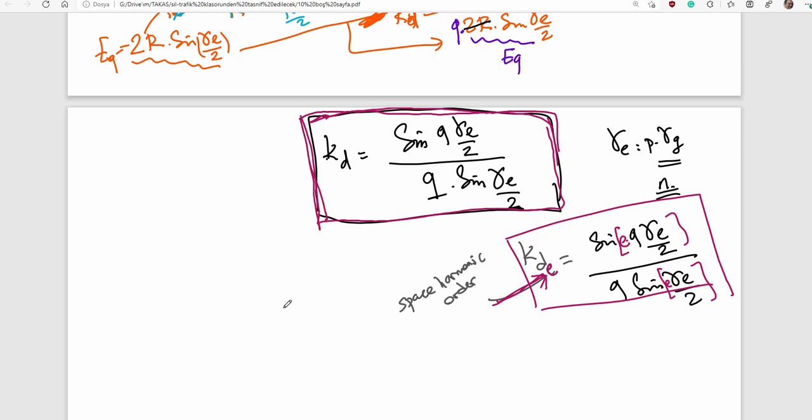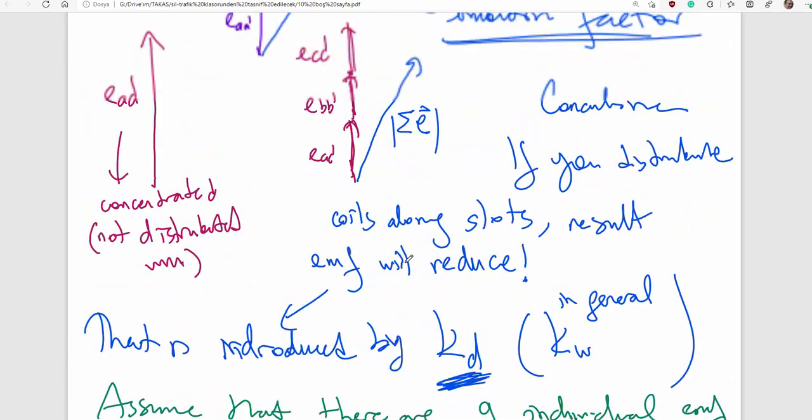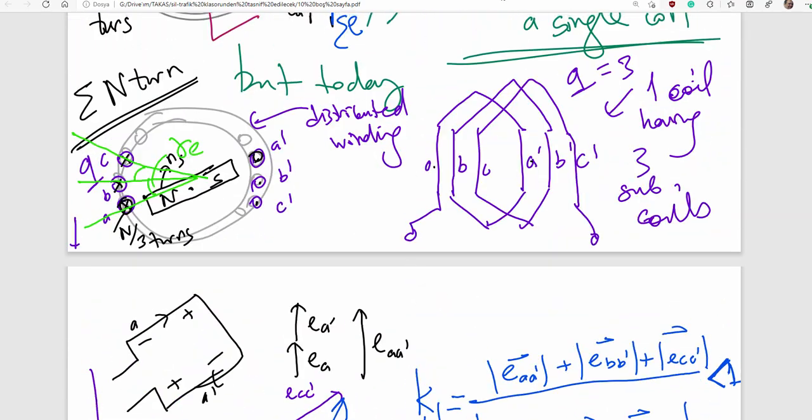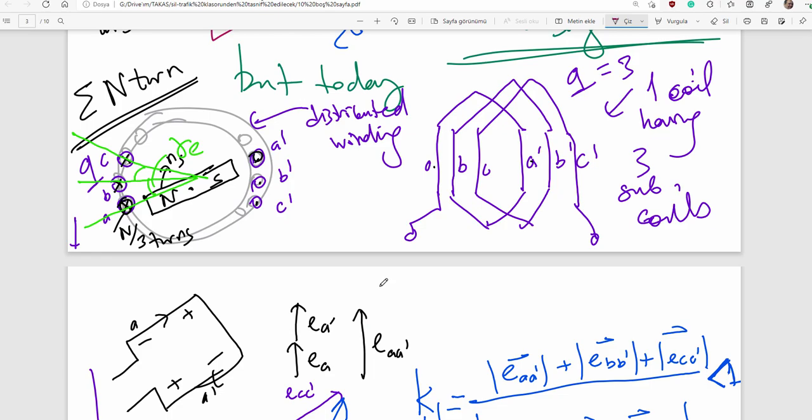So that is the distribution factor. In fact, there is one other major design property. One is, I have mentioned here, distributed winding. Windings are distributed along the stator.